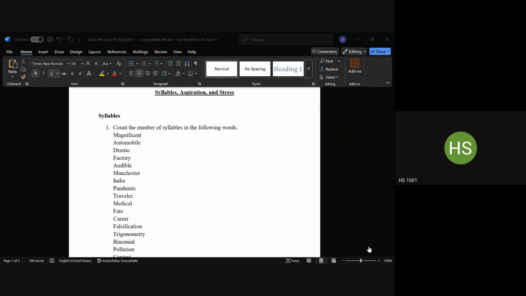The only thing that we're trying to do is count the number of syllables, right? One thing that you keep in mind for knowing the number of syllables is that the syllable count in a word is equal to the total number of vowel sounds in that word.